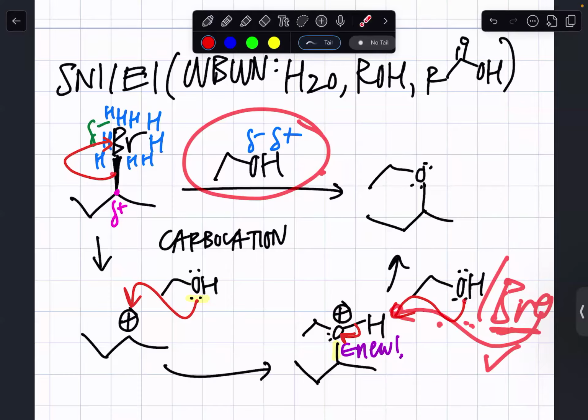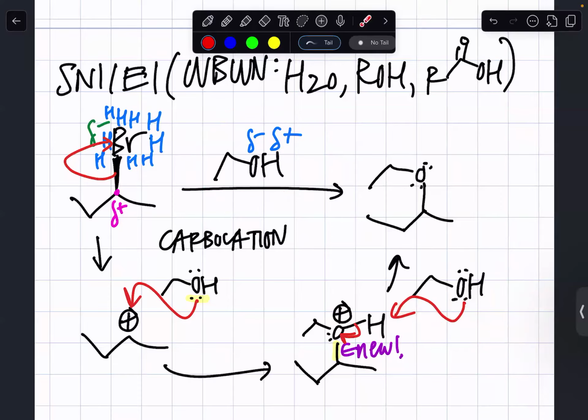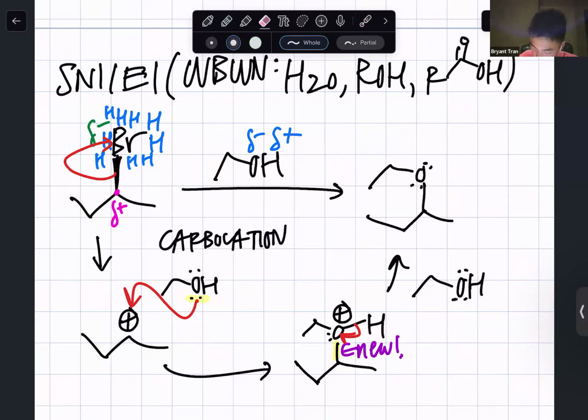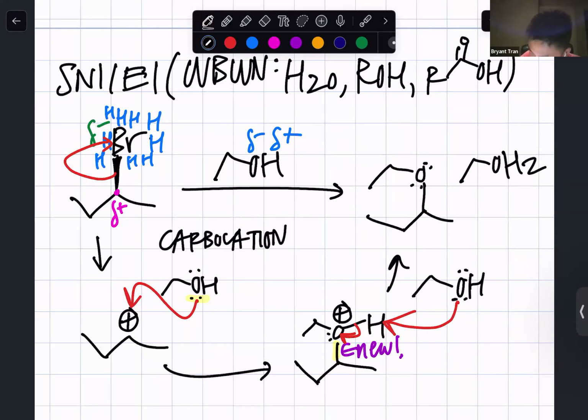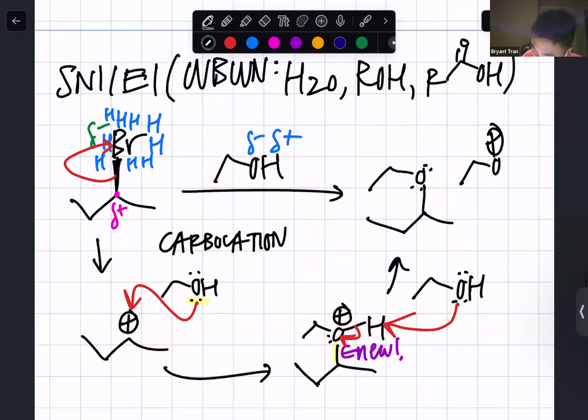Okay, and then I have another question. When that alcohol comes in and takes that hydrogen, wouldn't that alcohol that took the hydrogen get a positive charge itself? Yeah, right. And that's gonna be the side product right there, because this oxygen here gained a bond to hydrogen, right?